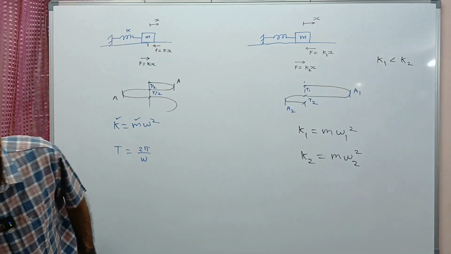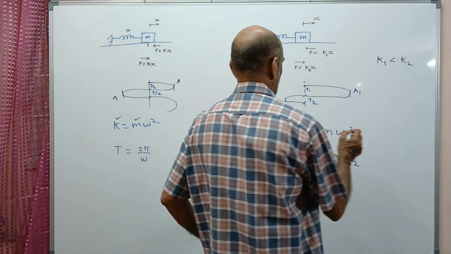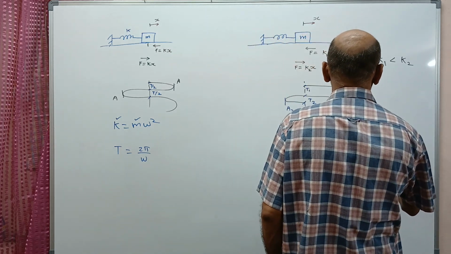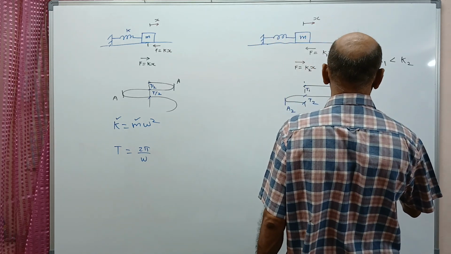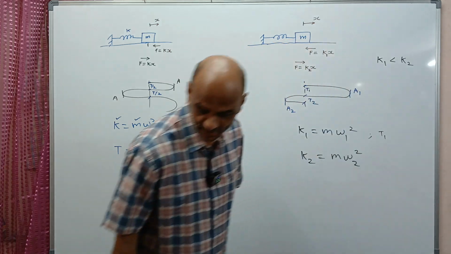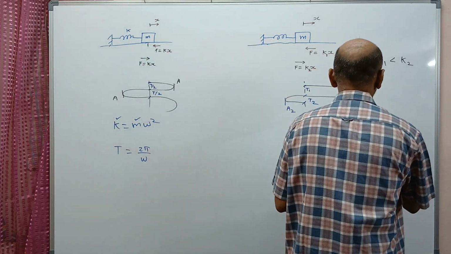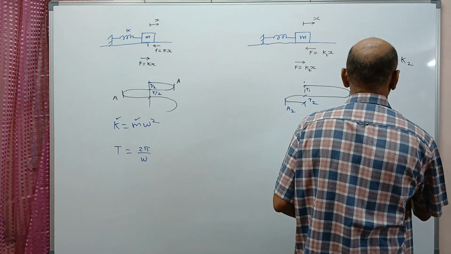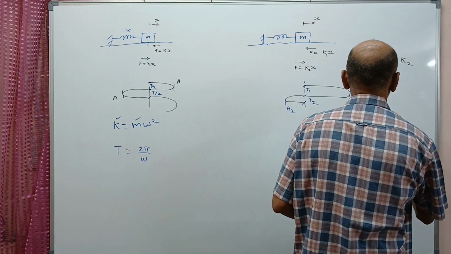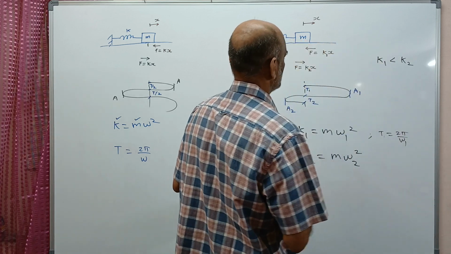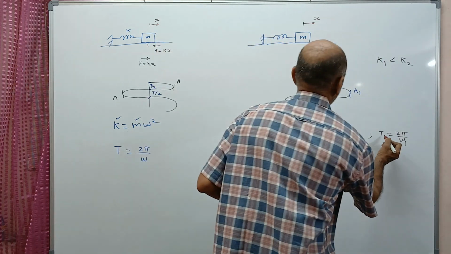Okay, so from omega 1, I get T1 for the corresponding time period T as 2 pi by omega 1.